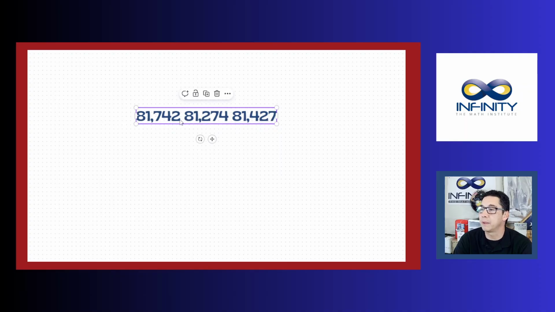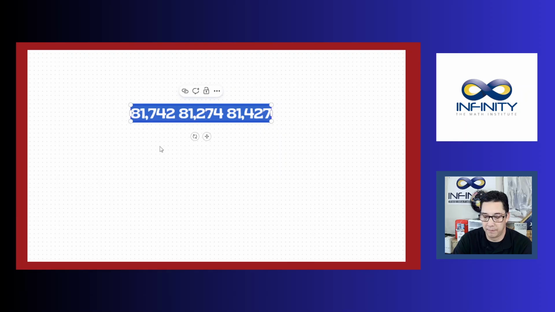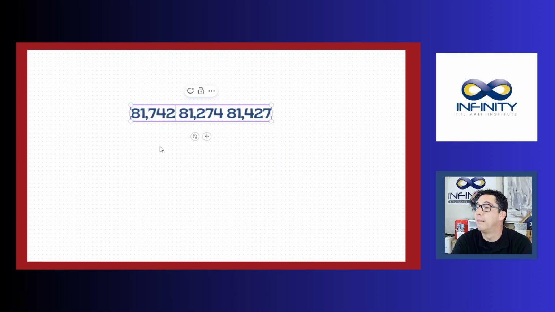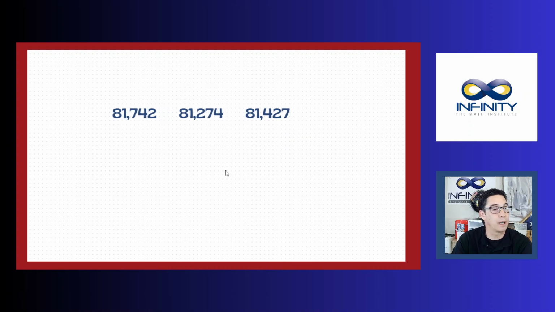You want me to put some more space in there? All right, can you read it a little bit better now? I want you to put these numbers in order.